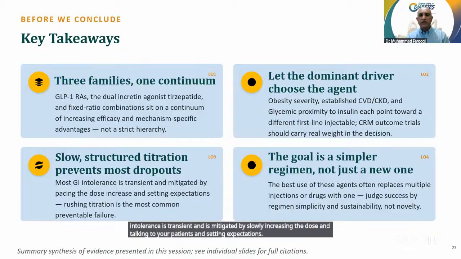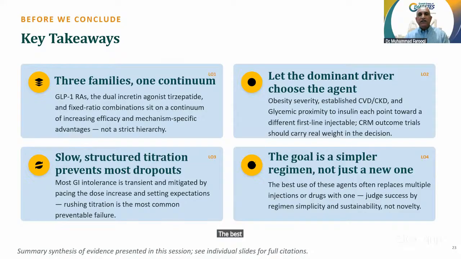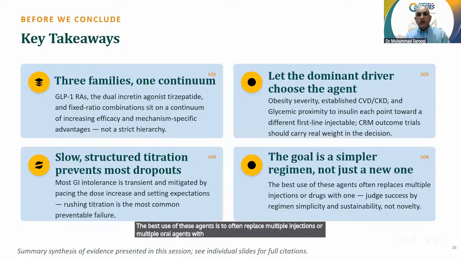Don't rush through the dosing. Finally, the best use of these agents is often to replace multiple injections or multiple oral agents with one. That allows us to simplify our regimen and go ahead in terms of achieving sustainability and simplicity.